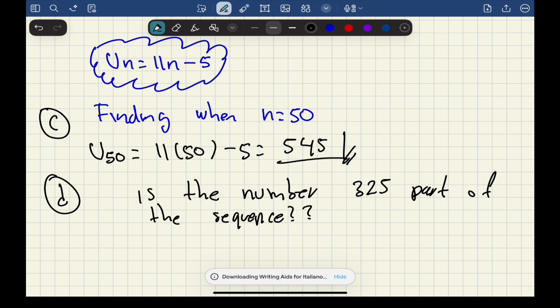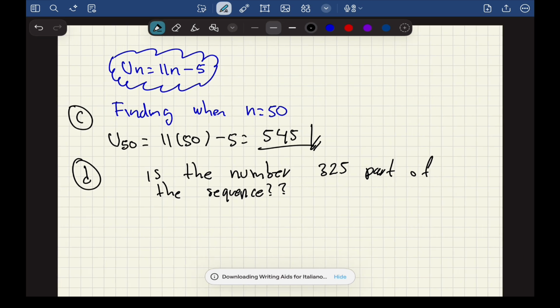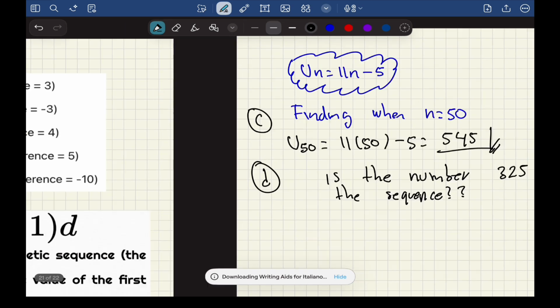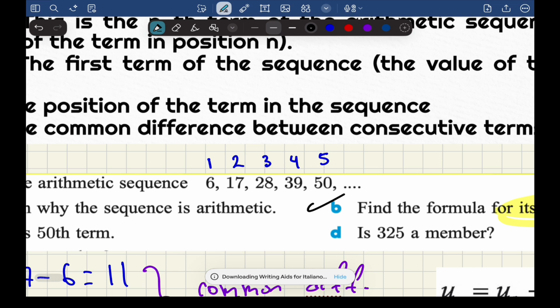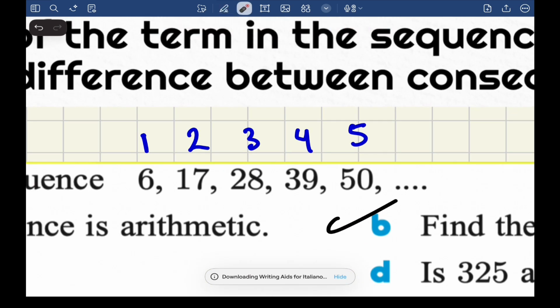How can we know this? Well, you need to check: every single term has a position. As you can see, the positions are integers, the position 1, 2, 3. So we cannot have a position with decimals. We cannot have the number using the position 5.3.